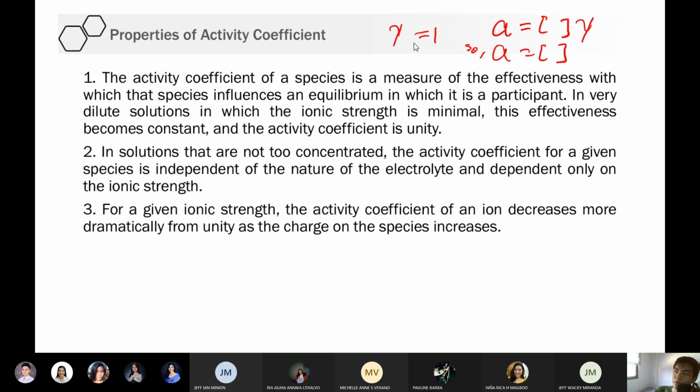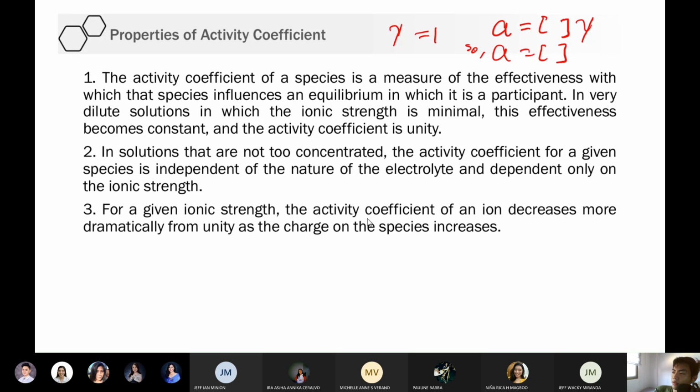That's why we have to take gamma into account in this chapter. Number 2, in solutions that are not too concentrated, the activity coefficient is independent of the nature of the electrolyte and dependent only on the ionic strength. There is an equation for this one. We will discuss this later on.